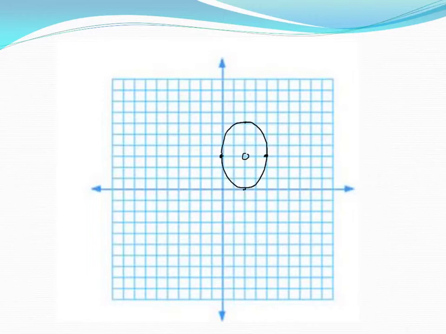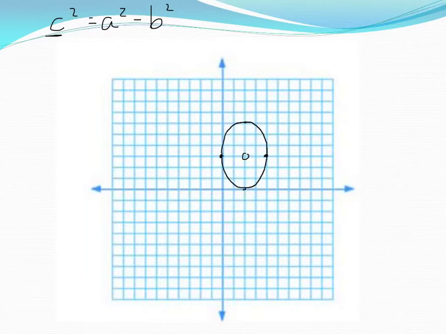Let's also find the focal radius so that we can plot the 2 foci that were used to construct this particular shape. We'll also identify the eccentricity of the ellipse. Remember that when using the c squared equals a squared minus b squared formula to find the focal radius, that's c, a is always going to be the larger of the 2 radii, b is going to be the smaller.